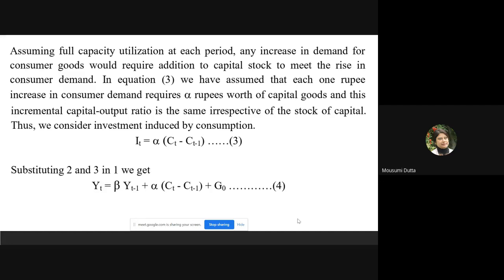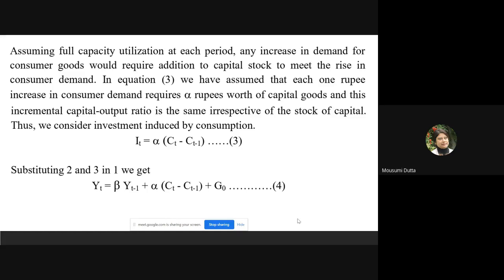Assuming full capacity utilization at each period, any increase in demand for consumer goods would require addition to capital stock to meet the rise in consumer demand. In Samuelson's framework, whatever capital I have will be totally spent in a particular period to produce the consumption commodities and investment goods.